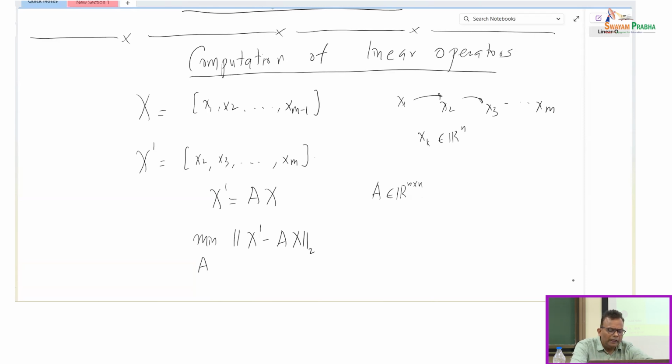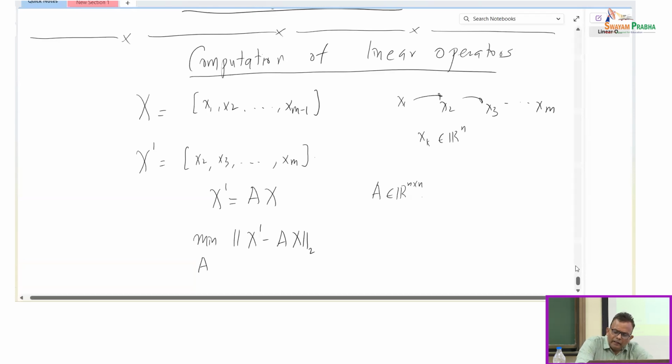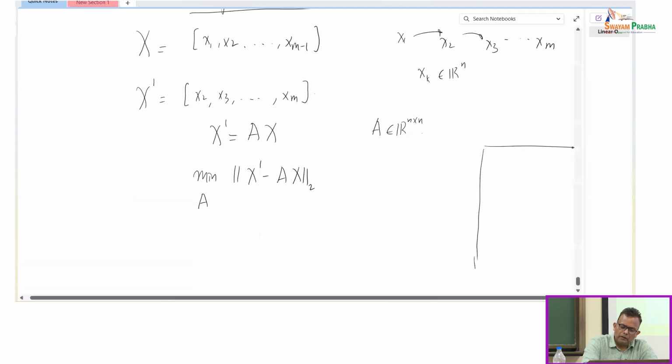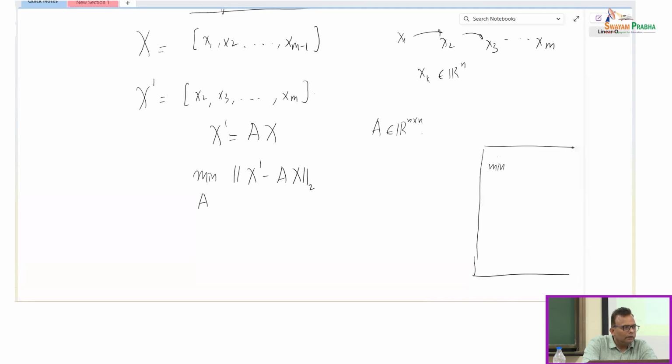If I want to write down the solution of this, the A from the least square problem, this is just an aside. The least square problem will be something like minimize AZ minus B. It's not in that form, but it doesn't matter.